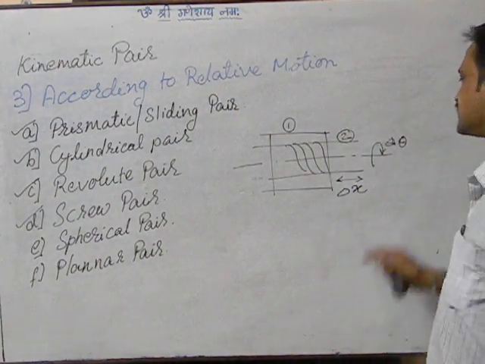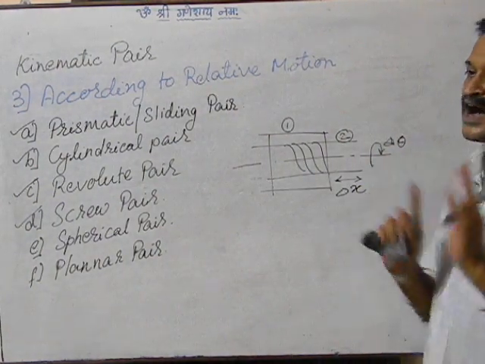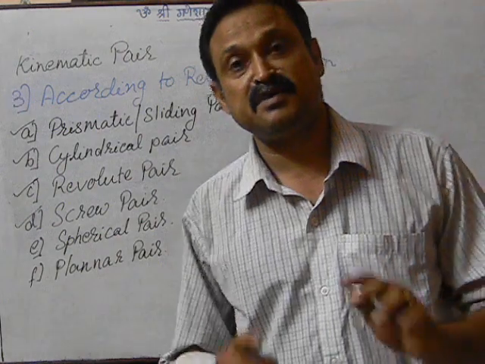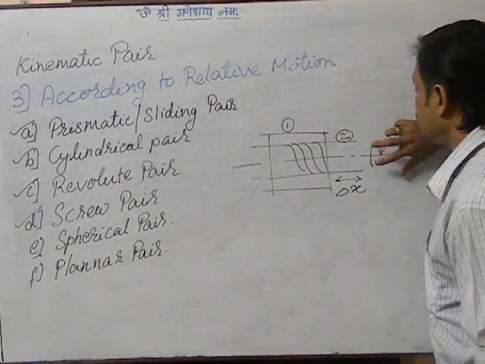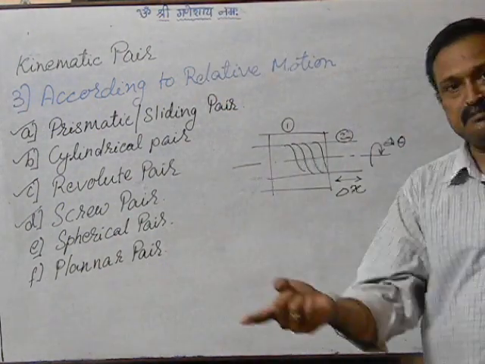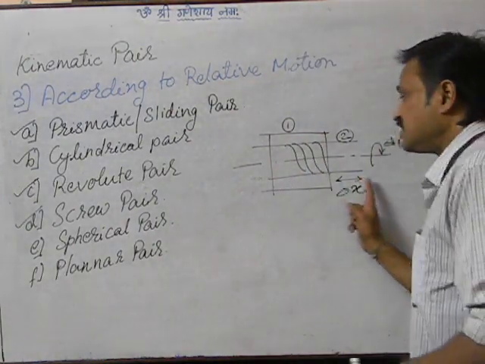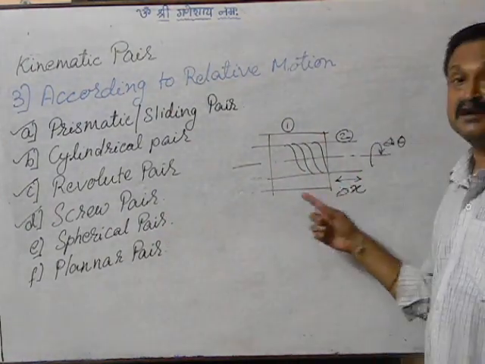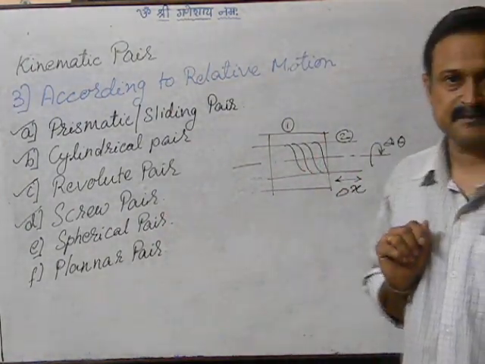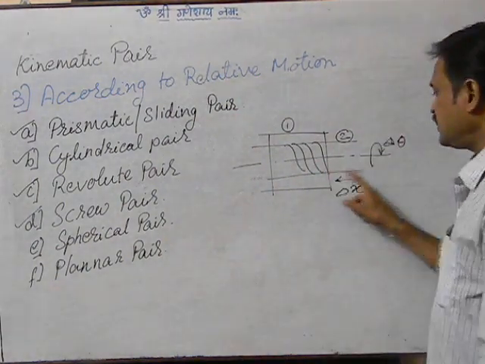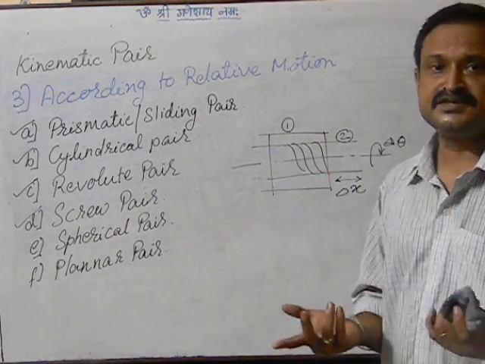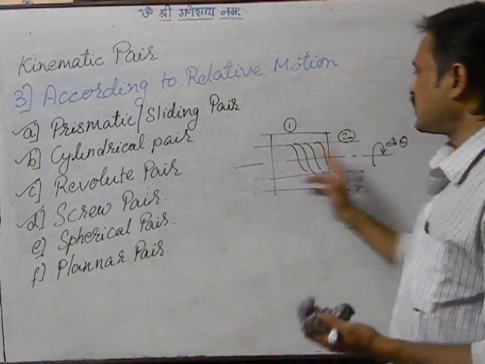But in this case, these two are not independent, they are dependent on each other. If I turn by theta, I can tell what will be the linear motion depending upon the pitch we have provided, right? So only one variable needs to be understood.